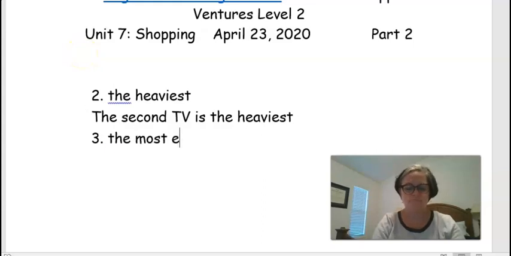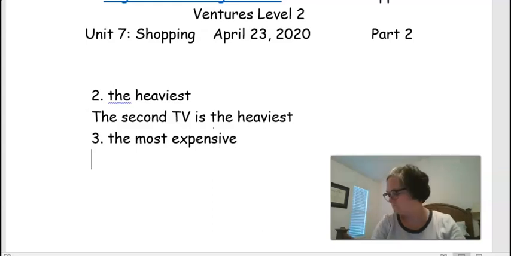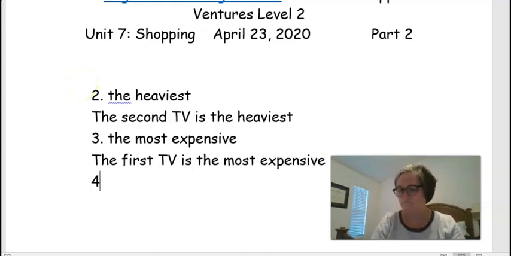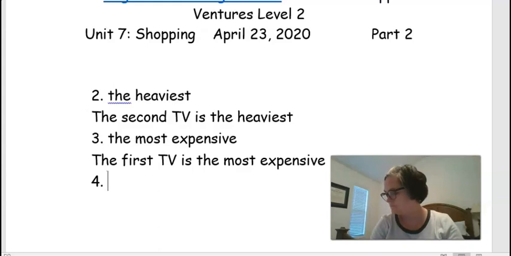Which TV is the most expensive? The first TV is the most expensive. 4.